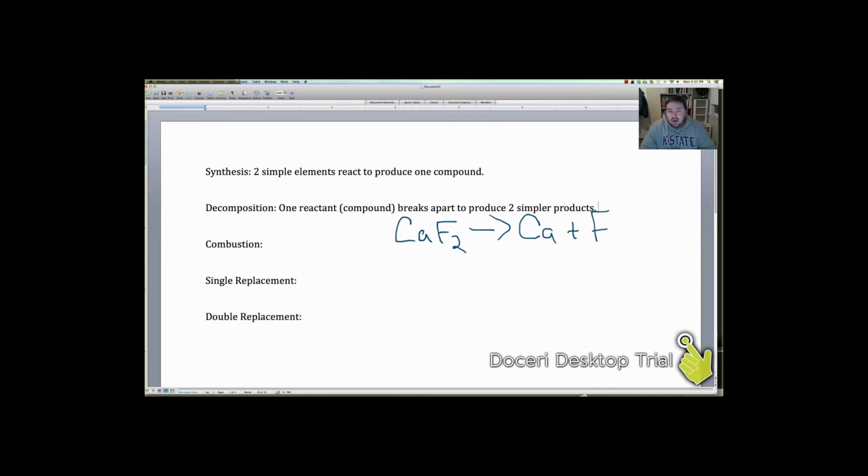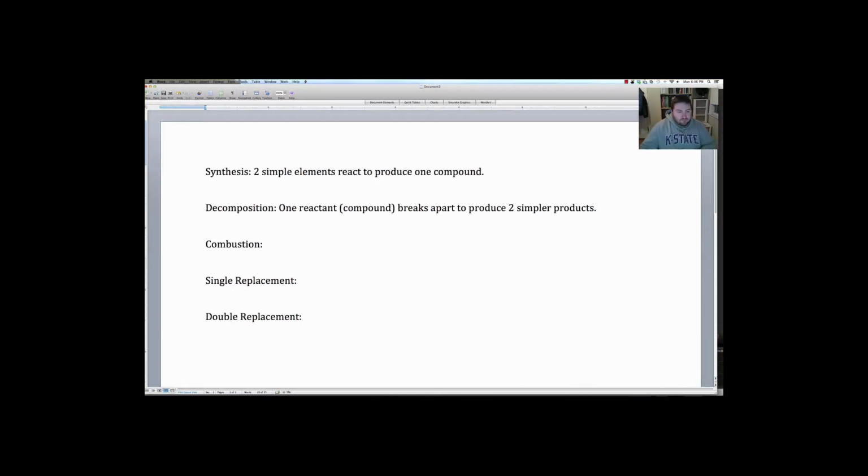Again, we use the word Hofbrinkel to try to remember those 7, which are hydrogen, oxygen, fluorine, bromine, iodine, nitrogen, and chlorine. In this case, when I check, calcium is not part of the Hofbrinkels. However, fluorine is. He is diatomic, so I got to make sure I put a little 2 right there. And by doing that, this equation actually becomes balanced as well. So decomposition, we're breaking apart.